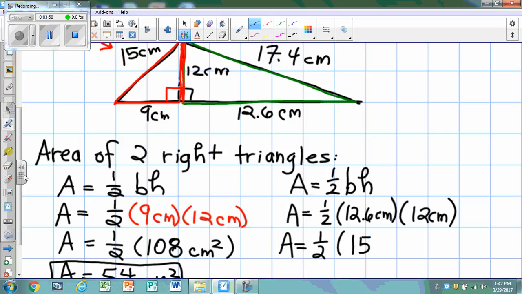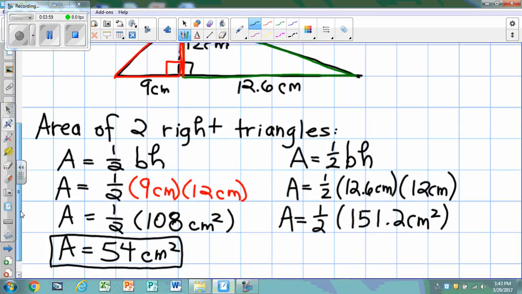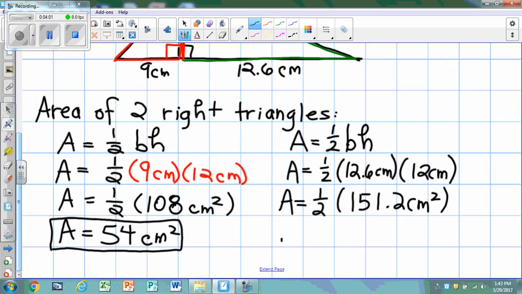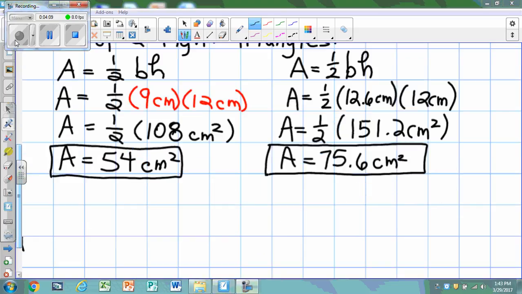Okay, there it is. What's half of that value? 75 and 6/10 centimeters squared.